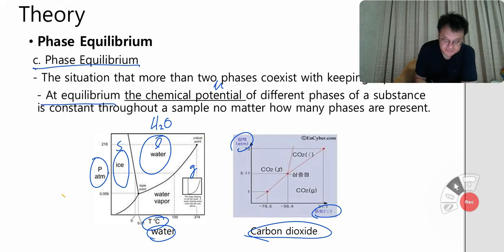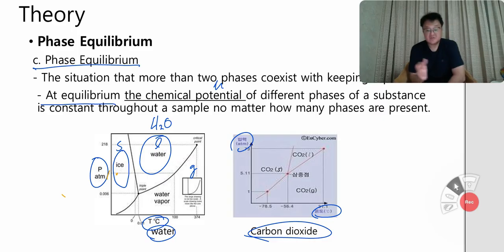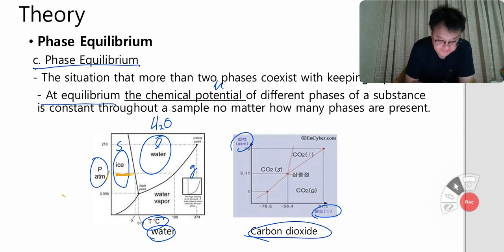You start somewhere here, far below 0 degrees Celsius, and then you supply heat to the H2O. Of course, at the very beginning, at this temperature, which is quite cold, you have ice. When you supply heat, the temperature increases. At this point, ice melts, so solid is converted into liquid, or water.